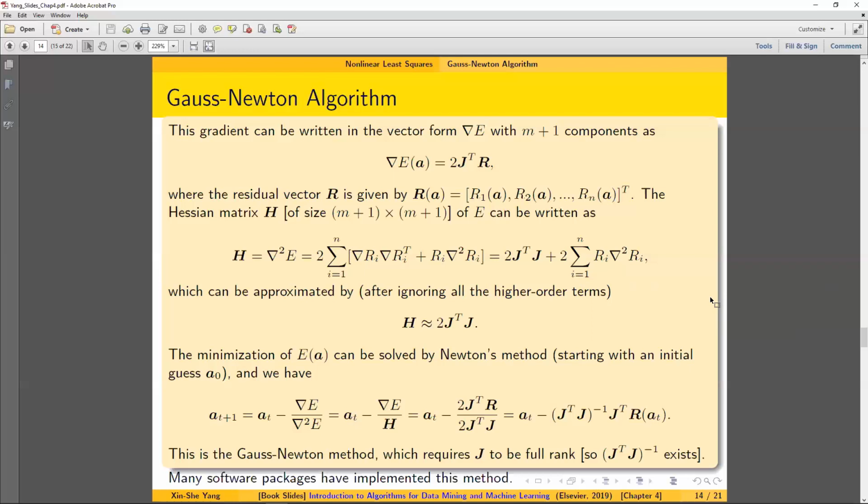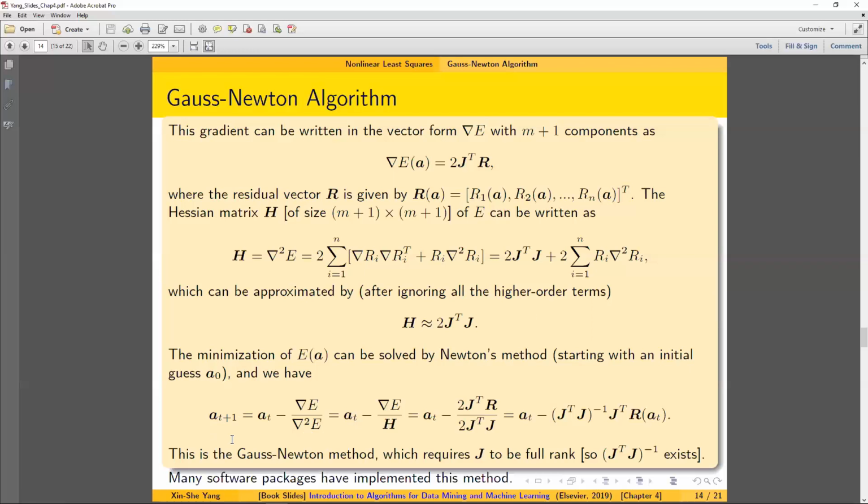And the minimization of E(a) can be solved by Newton's method, starting with an initial guess a0, which is similar to what we discussed earlier with the roots, the square roots that we discussed.